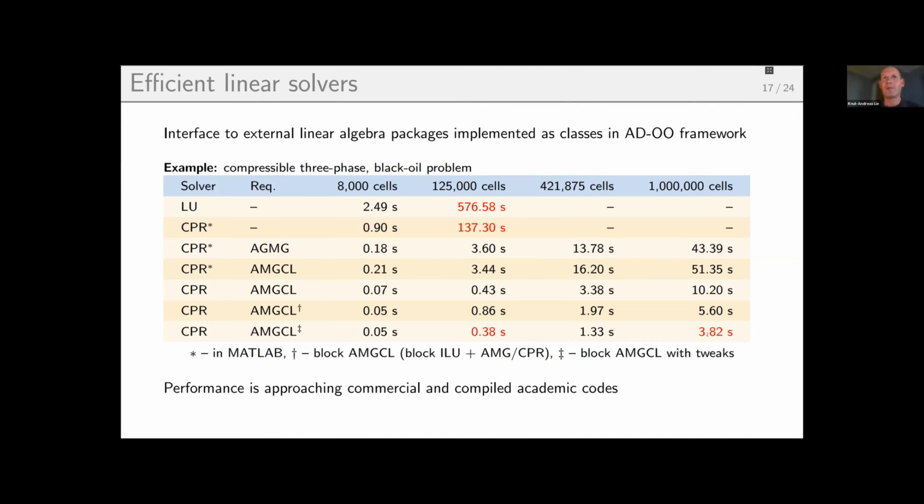And solving a three-phase black oil problem with 1 million cells in 3.8 seconds in MATLAB is not too bad, I would say. And all over, we then have performance that is not the same, but approaching commercial and compiled academic codes.